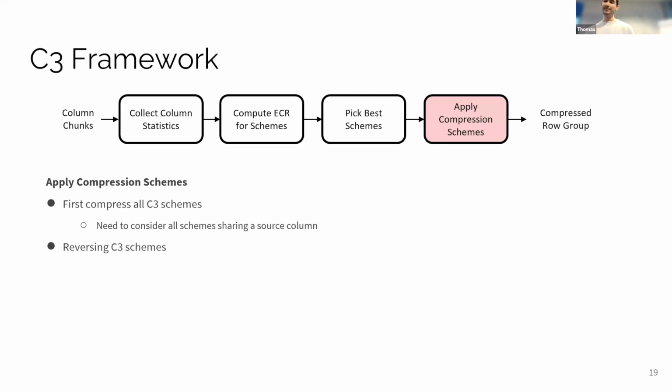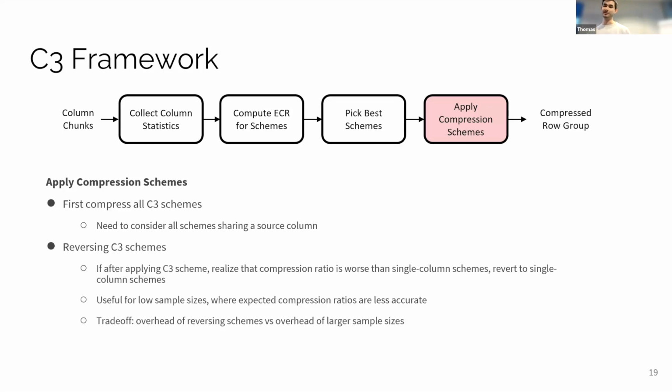We also added a mechanism which allows C3 schemes to be reversed and undone. So if after applying a C3 scheme, we realize that it's actually much worse than expected, and even worse than using single column schemes, we can revert back to compressing only with single column schemes. This is especially useful when we use low sample sizes, in which case the expected compression ratios of the C3 schemes are less accurate.